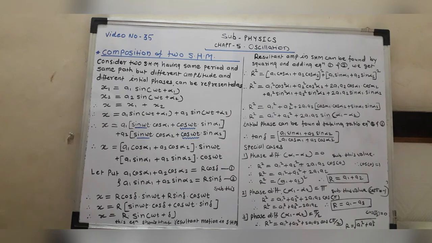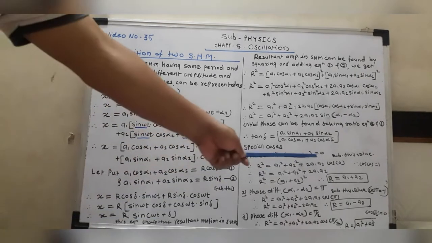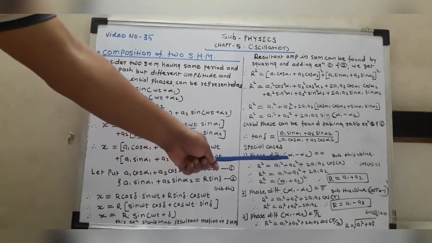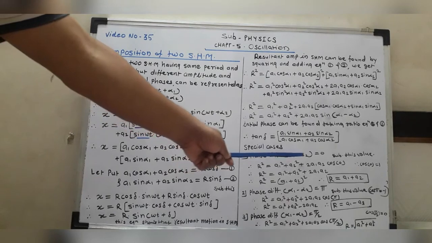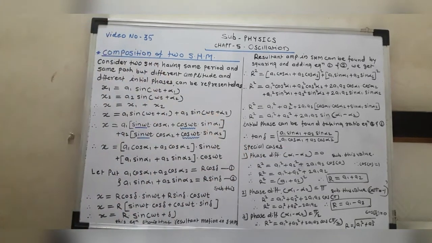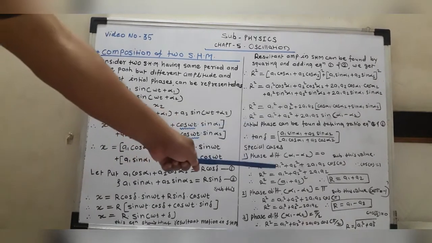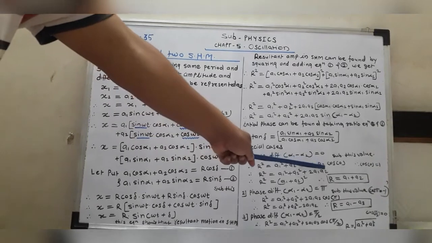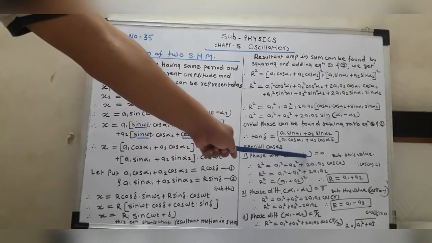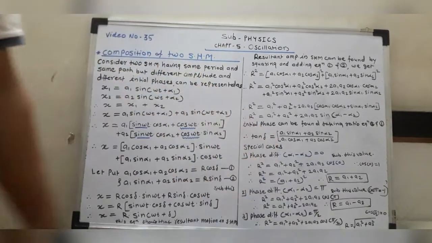Now there are three special cases. First, if the phase difference between the two SHM, that is alpha 1 minus alpha 2, is equal to 0. Substituting this value in the resultant amplitude, r square is equal to a1 square plus a2 square plus twice a1 a2, and instead of alpha 1 minus alpha 2, we can write 0.